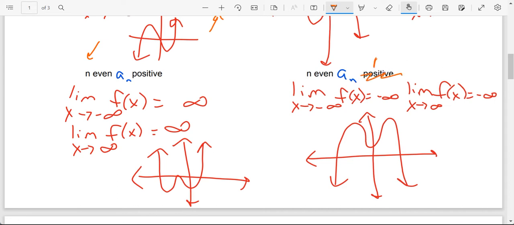I'll be fixing that. When n is even and a sub n is negative, it's going down, down. As x goes to negative infinity, f of x goes down to negative infinity. As x approaches infinity, f of x also goes down to negative infinity.